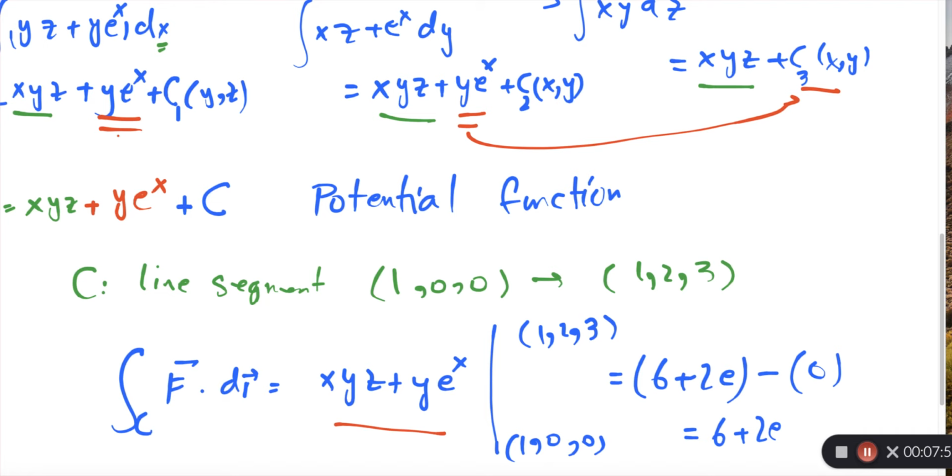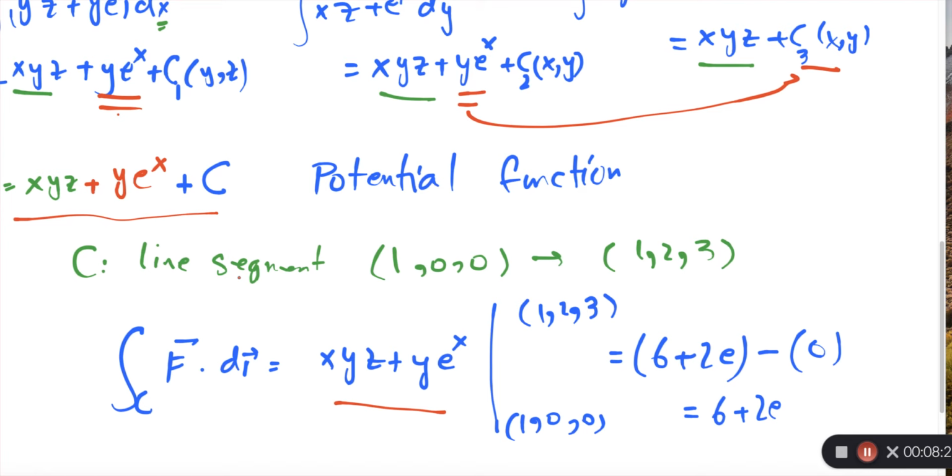Sometimes you have to find the potential function, sometimes it's given. If the potential function is given, all you need to do is plug in the beginning point and the end point. Because conservative fields are path independent, that's what you can do, and that's why it's called the fundamental theorem of conservative fields.